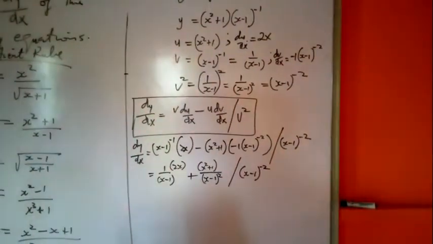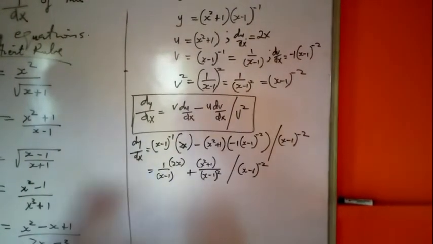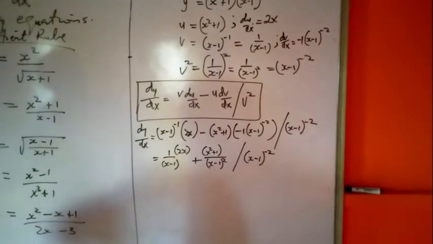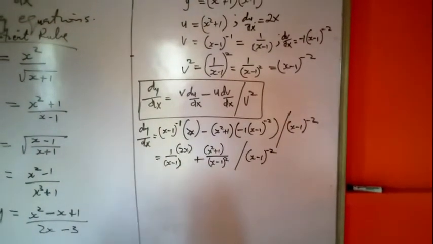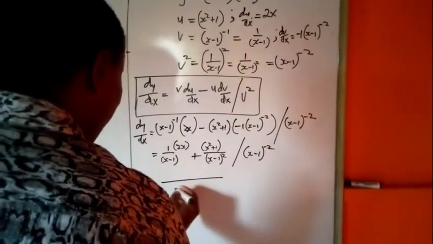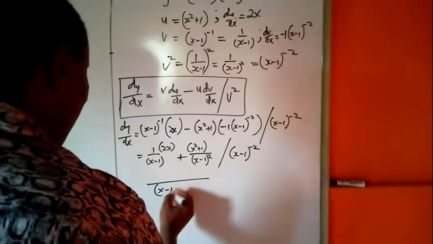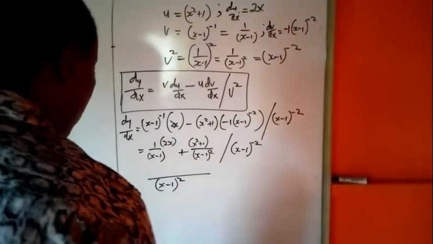So now we have come back to looking for our LCM. I won't go through the same process; use the same process just like the one we did before. If you follow that process, your LCM now becomes x minus 1 raised to power 2.